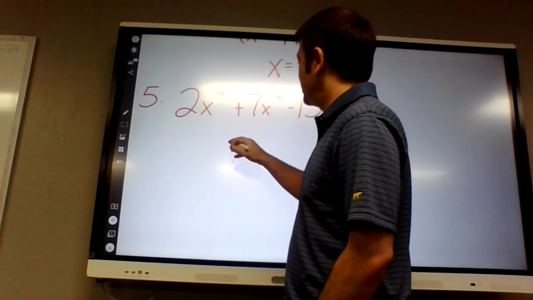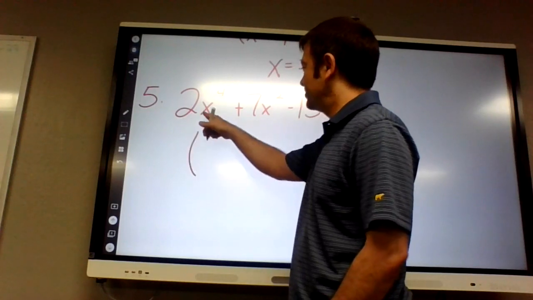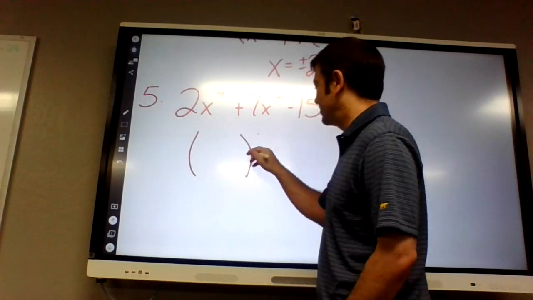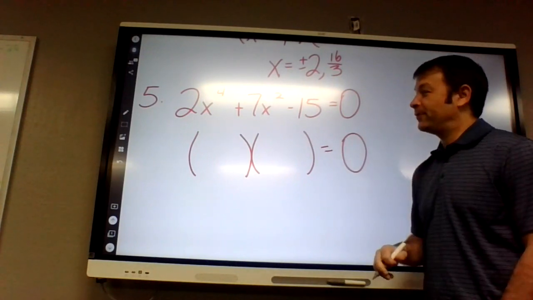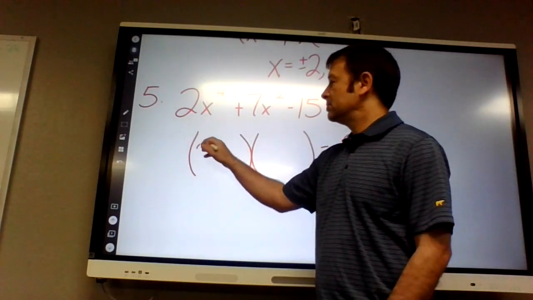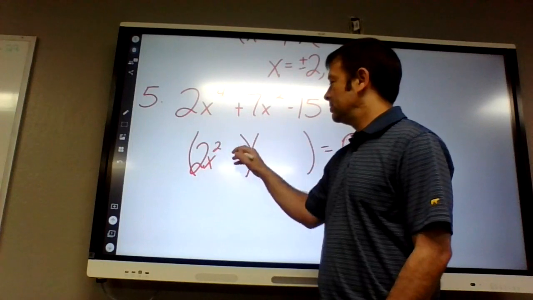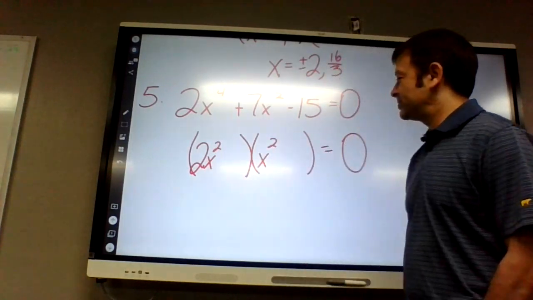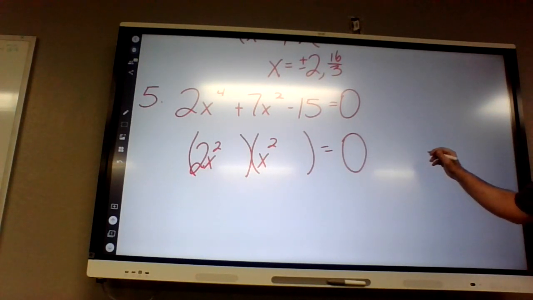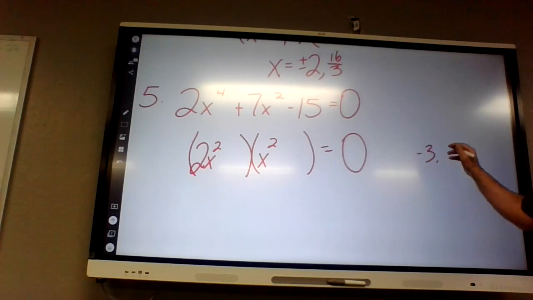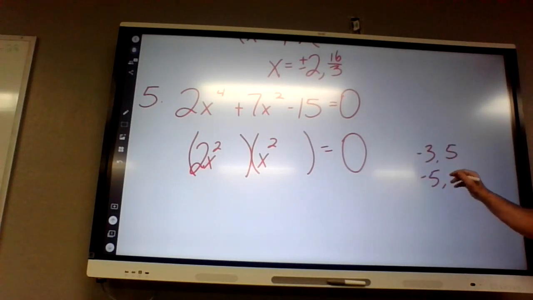All right, so this is quadratic form, right? So two parentheses. What goes into 2x to the fourth? 2x squared times x squared. I might have to think a little bit on this one. What goes into negative 15? Negative 3 and 5, or negative 5 and 3?